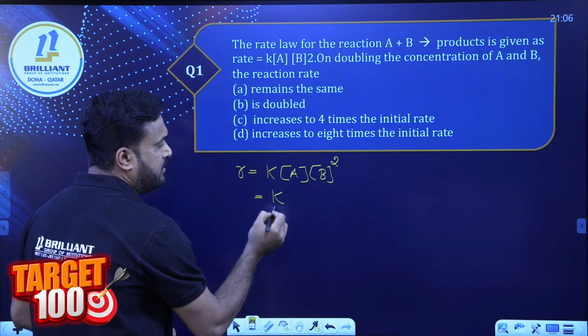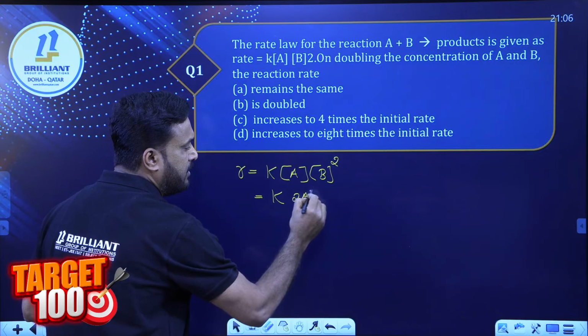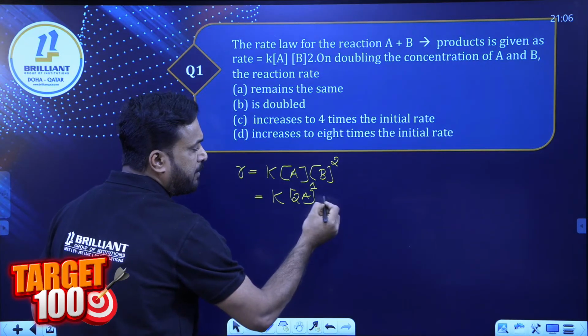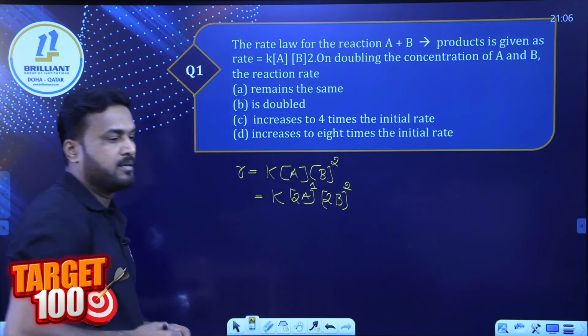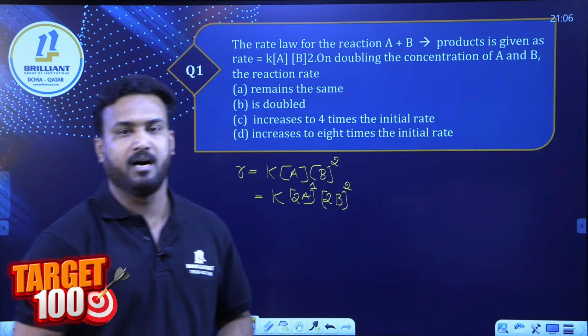K is anyway constant. We are doubling the concentration of A, which means we can write 2A, isn't it? Power is anyway 1 only. Then B, when you double, you will be getting 2B raised to 2.